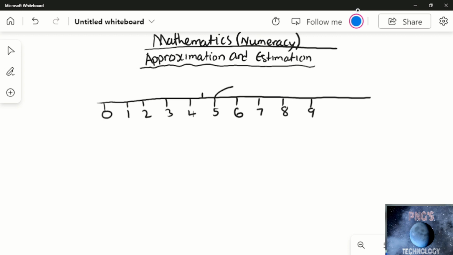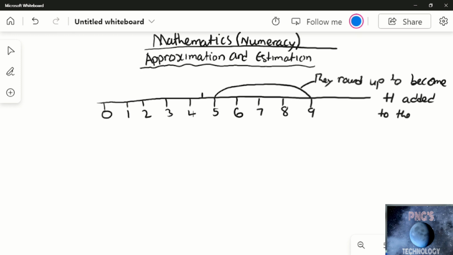Now from 5 to 9, they round up to become plus 1 added to the next number.